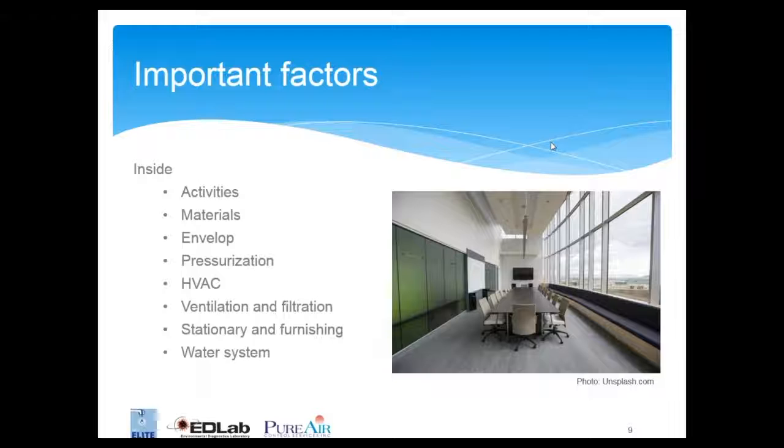Ventilation and filtration is a very good point one should be paying attention to, because if the ventilation and filtration is not adequate and not proper, there are going to be a lot of indoor air quality problems just with the internal source, meaning the inside source. Building stationery and furniture are other probable places where a lot of problems originate within the building.